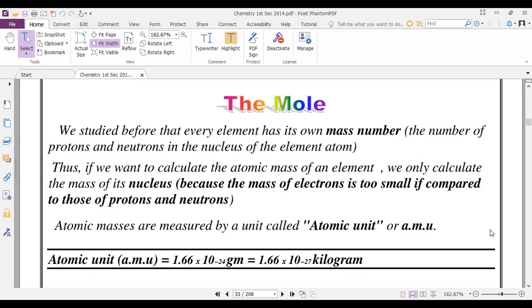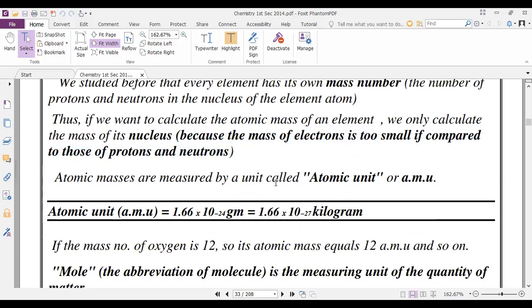Yes. Okay. Thus, if we want to calculate the atomic mass of an element, we only calculate the mass of its nucleus. Why, Mariam? Because the mass of the electrons is too small if compared to those of protons and neutrons.